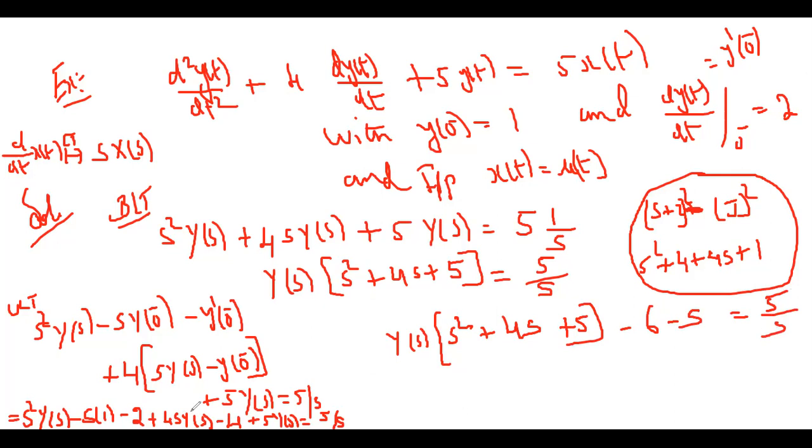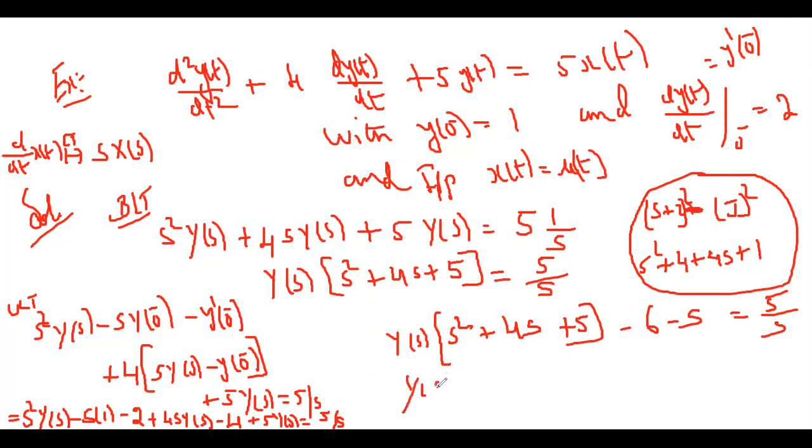S square minus s minus 2 plus 4s Y of s. So 4s into Y of s, s square plus 4s plus 5, and it becomes this value. Then what is Y of s here?